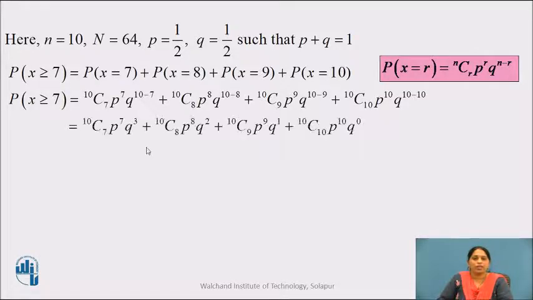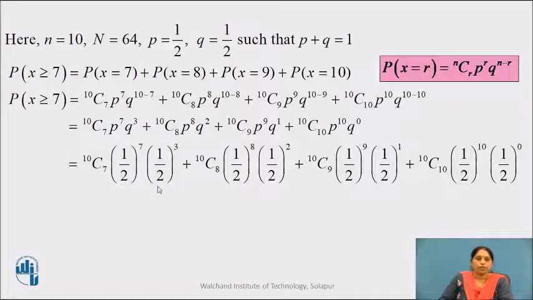Simplifying, we can rewrite it as 10C7 p raised to 7 q raised to 3 plus 10C8 p raised to 8 q squared plus 10C9 p raised to 9 q raised to 1 plus 10C10 p raised to 10 q raised to 0.